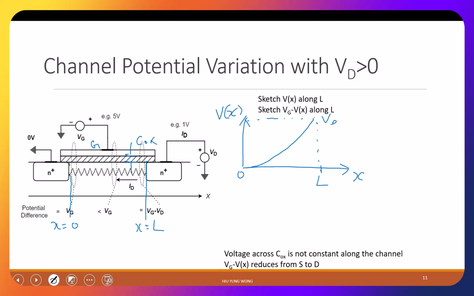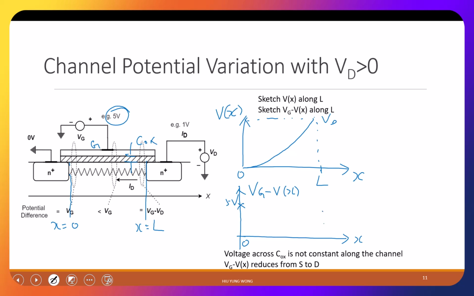Then I ask you to do a second plot. This plot is also easy. Instead of plotting Vx, I want you to plot Vg minus V of x. What is Vg here? It's given, 5 volts. So when x equals 0, Vx equals 0, so I start with 5 volts for Vg minus Vx.